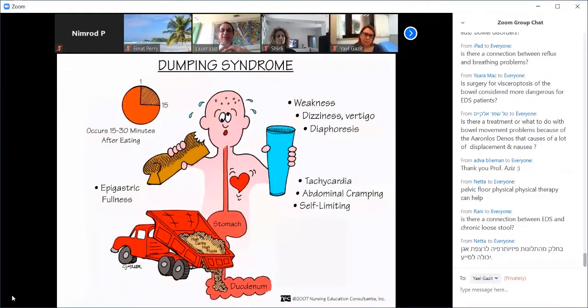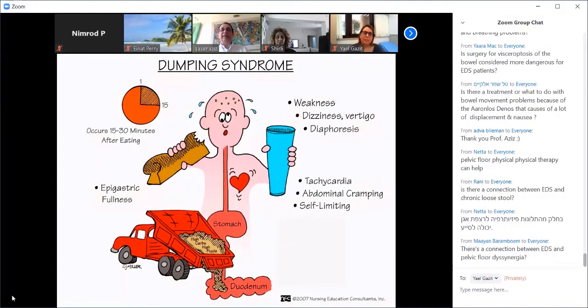And then I talked about how, if the stomach empties very rapidly, you can get a condition called dumping syndrome, which occurs within 15 to 30 minutes of eating. Basically the stomach is too fast and it dumps the food down into the small bowel.